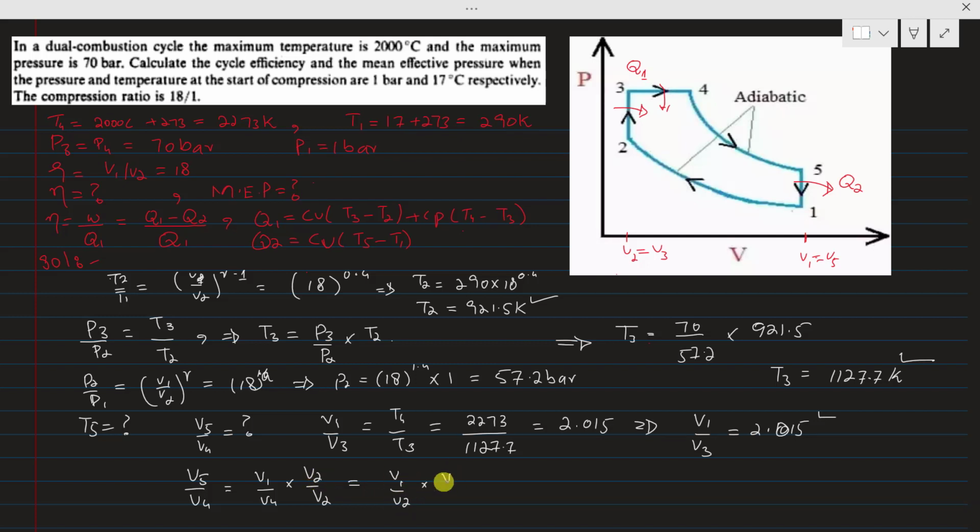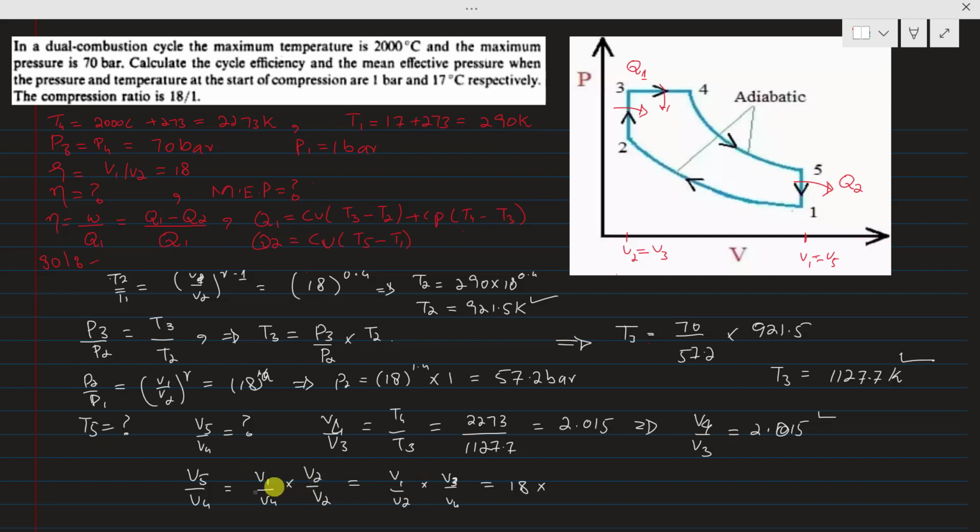So in term of V2 I write V3 divided by V4. So the value of V1 by V2, that is 18, and V3 by V4 value, this is V4 by V3. No, this is V4. Remember, because this is default, it must be V4. So this is the value of V4 by V3.